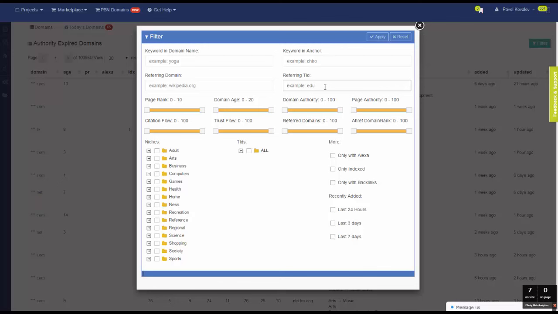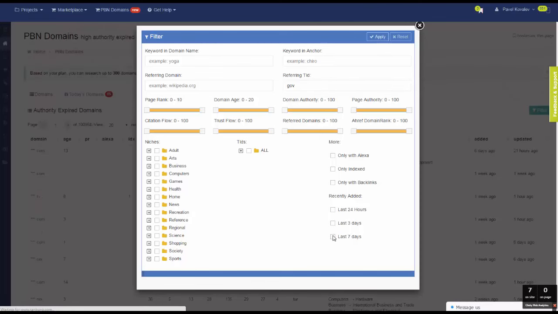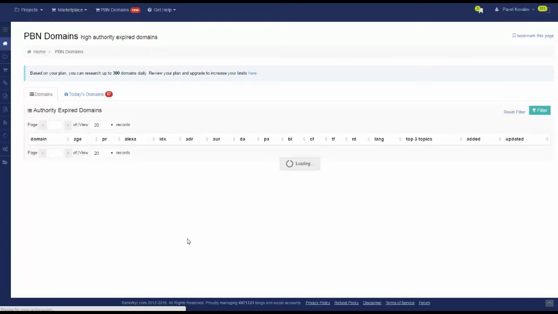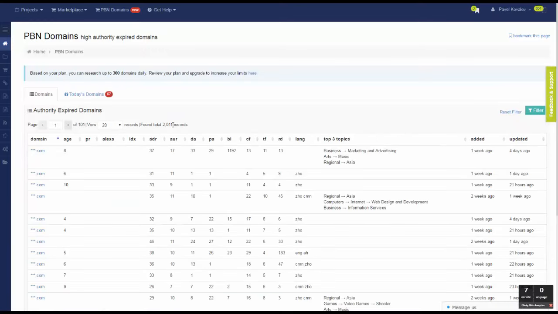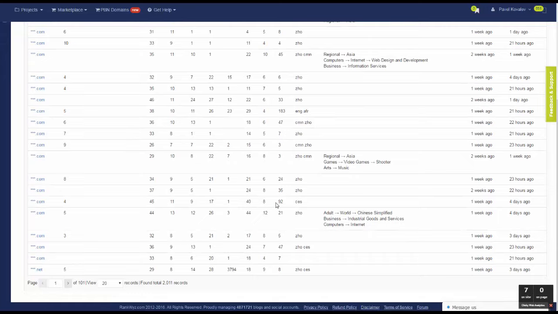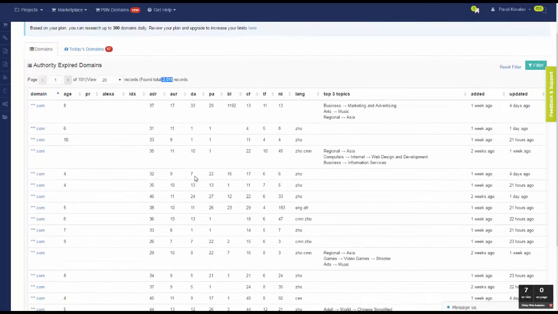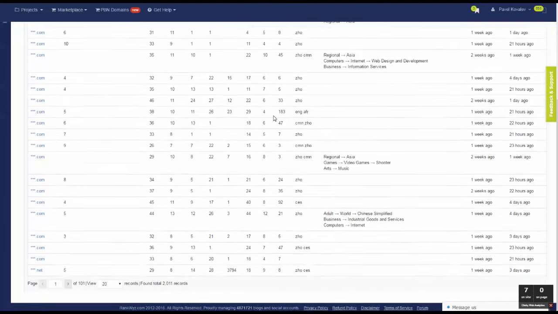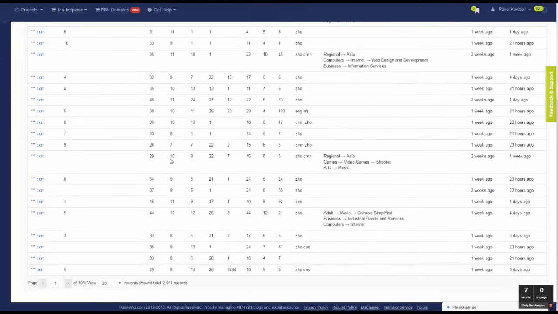Let's say I do government, so we have 2,000 domains with government links. This is something that you no longer need someone to do research for you, so you can filter and see, as I said, the Wikipedia links.